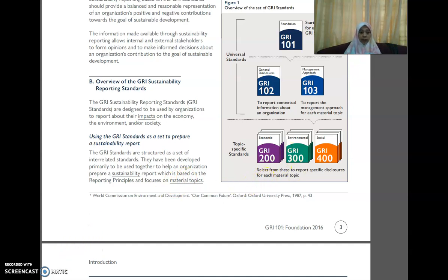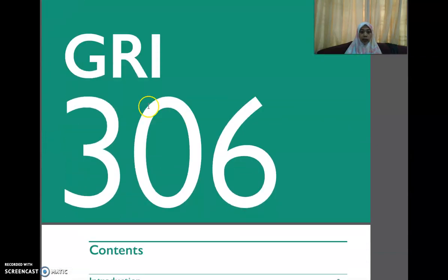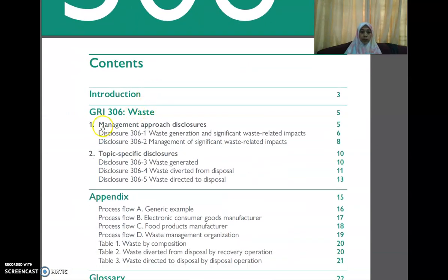Okay, take for example the 300 series about the environment. You have the GRI 306, that is on waste. So this is the GRI standard. GRI 306 is about the waste. What is it about the waste? It's all about the management approach disclosures.